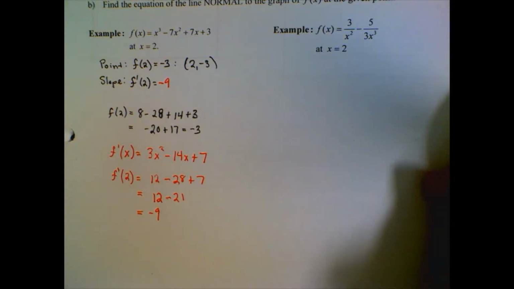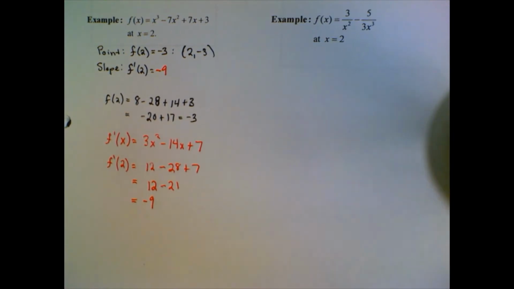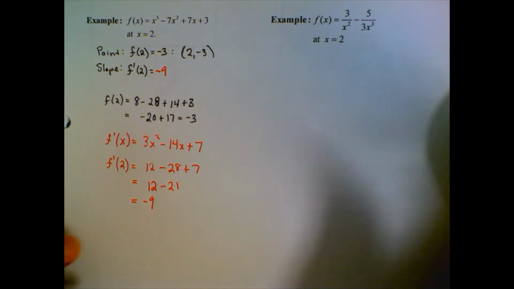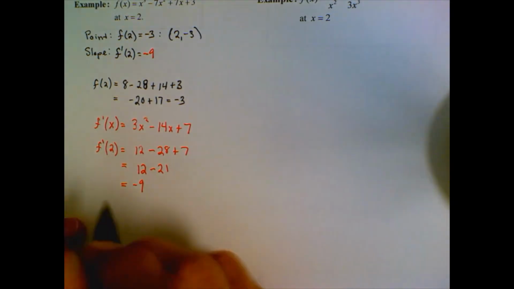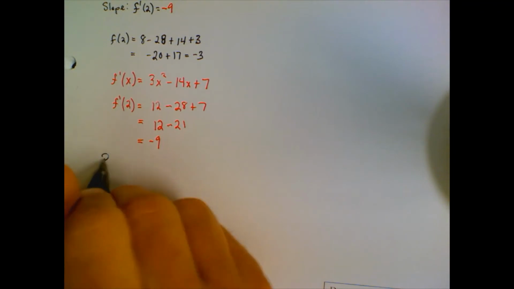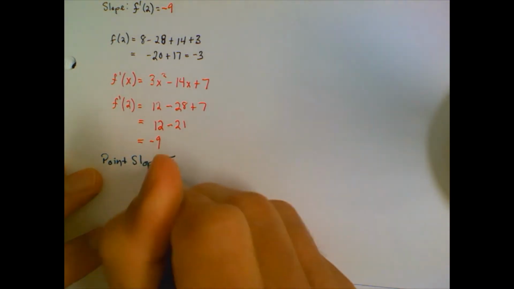All right, so let's write the equation of the tangent line that goes through the point 2, negative 3, and has a slope of negative 9. Before we go too far, we need to remember the point-slope formula, which has been taught in previous classes, and maybe even previous courses.